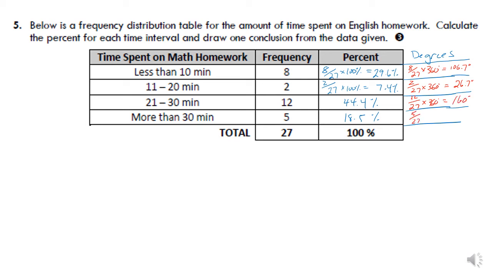And then 5 divided by 27 times 360, 66.7 degrees. Add those all up, you should get something really close to 360. So 106.7 plus 26.7 plus 160 plus 66.7. I got 360.1. Really, really close. Due to rounding, we were off by 1/10 of a degree.